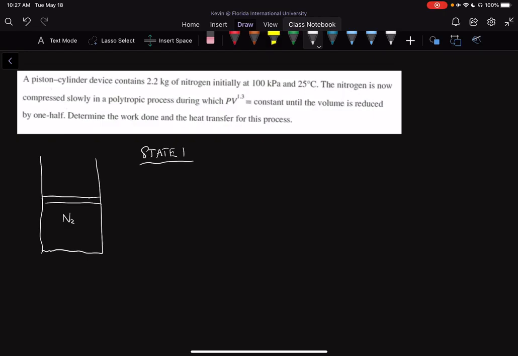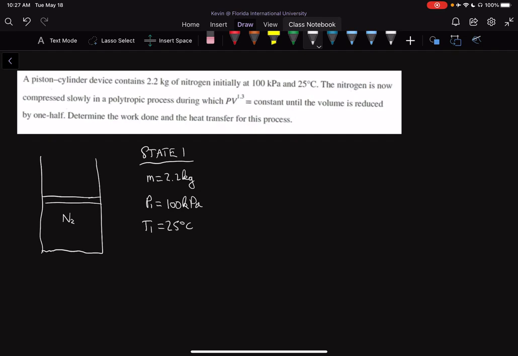State 1 says that we have a mass that's equal to 2.2 kilograms. Once again, this is a control mass system, so we don't have any change in mass. And we're also given that P1 is equal to 100 kilopascals and temperature 1 is equal to 25 degrees Celsius.